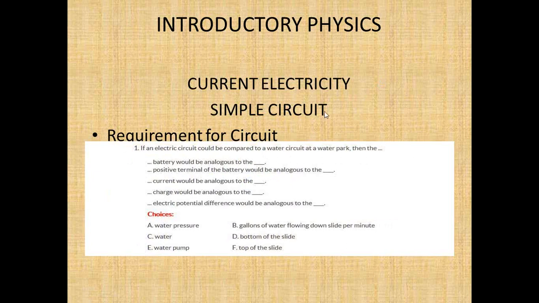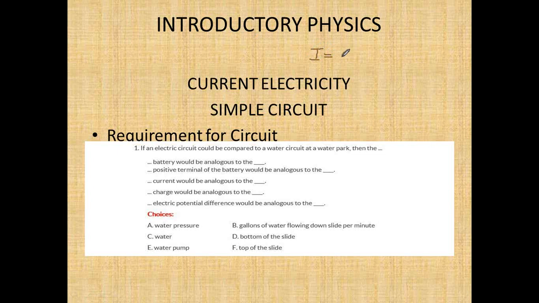Current, which we're going to discuss in a little bit more detail, has the symbol I. So current I is equal to the quantity of charge passing a point per unit time.